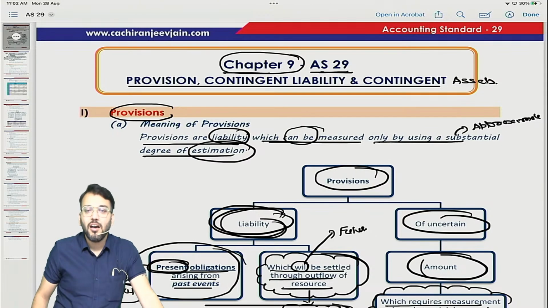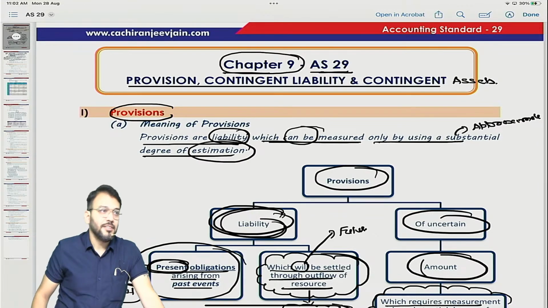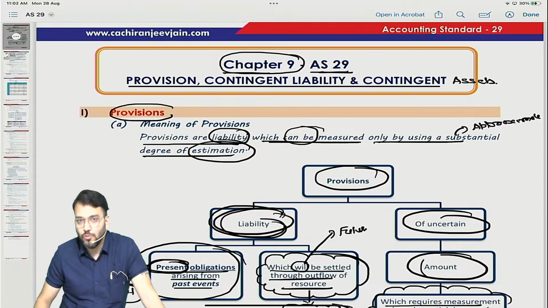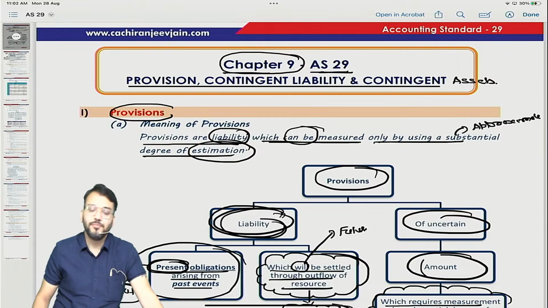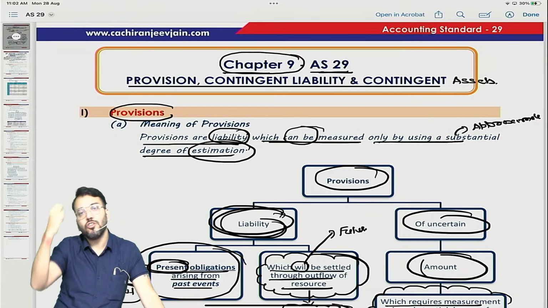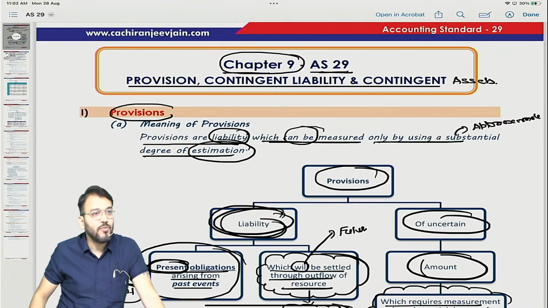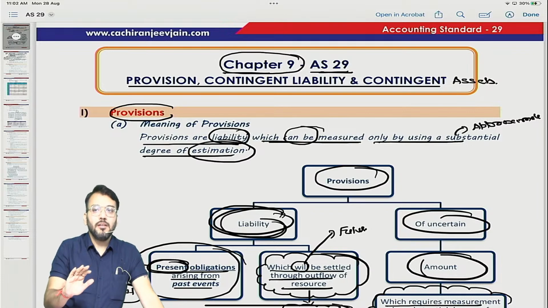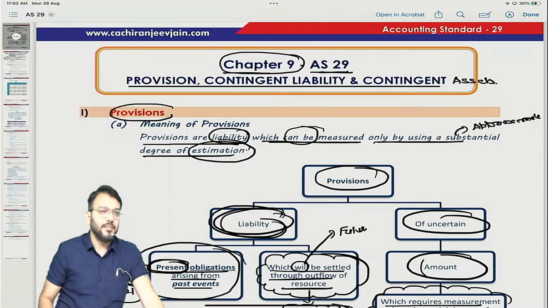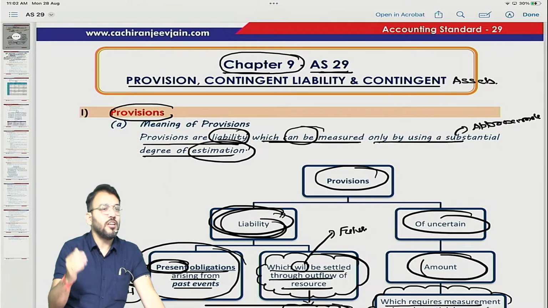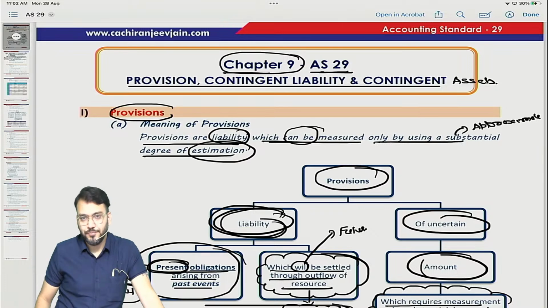The contingencies are condition or situation existing on balance sheet date, the outcome of which is not known and which is dependent on happening or non-happening of uncertain future event. So we have understood that with the introduction of AS 29, contingencies was withdrawn from AS 4. However, AS 4 is applicable to the extent of only provision for doubtful debt. Apart from that, all contingencies are now covered where? In AS 29. Correct.